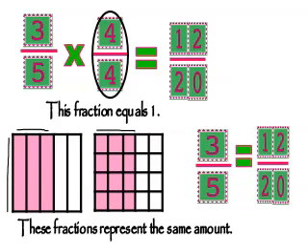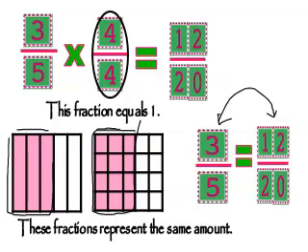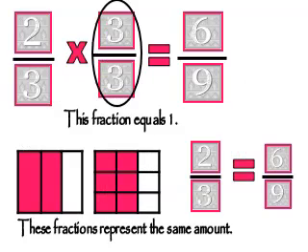Can you see it? So now I just proved that 3 over 5 is equivalent to 12 over 20. We say those two fractions are equivalent. We don't say they are equal because 3 is not equal to 12 and 5 is not equal to 20. But we say that those two fractions are equivalent fractions, so they represent the same amount.